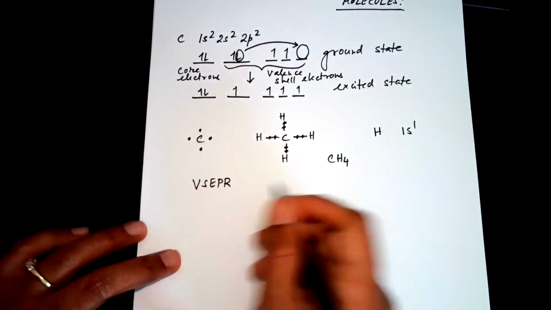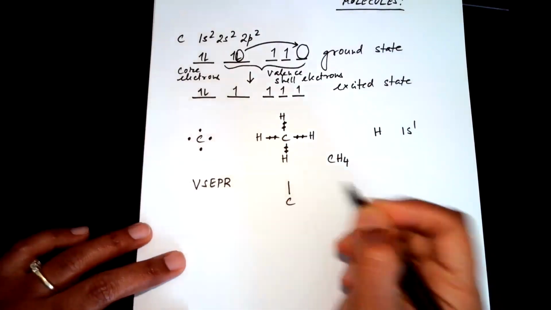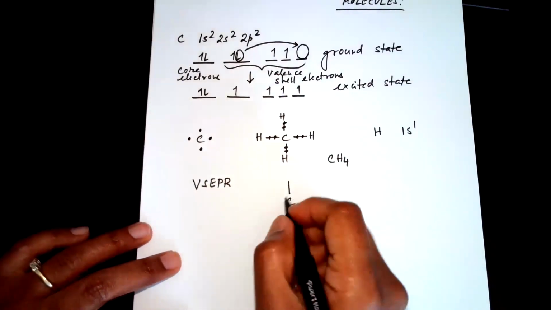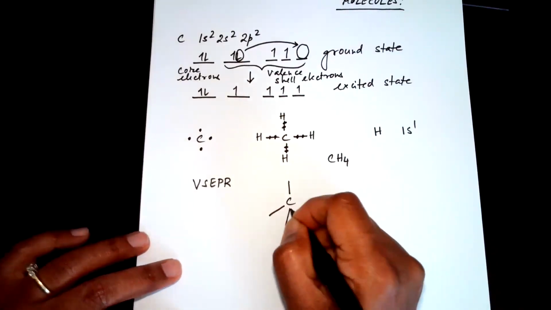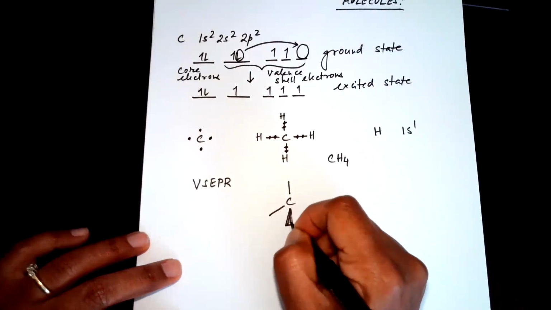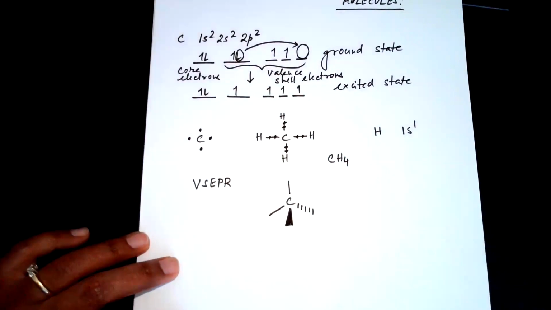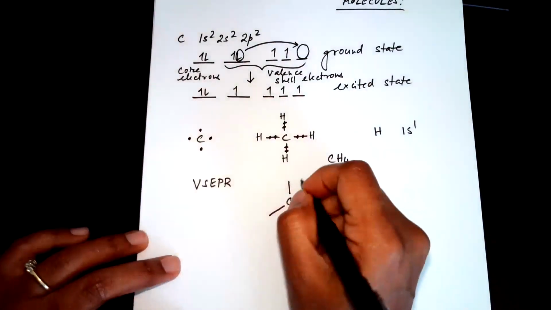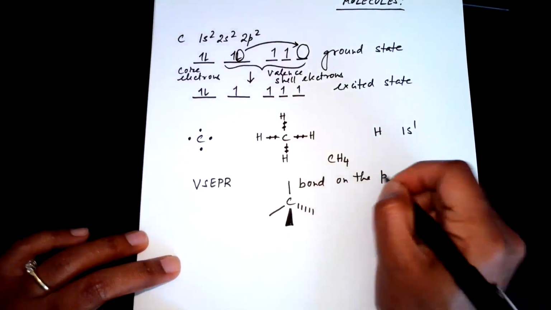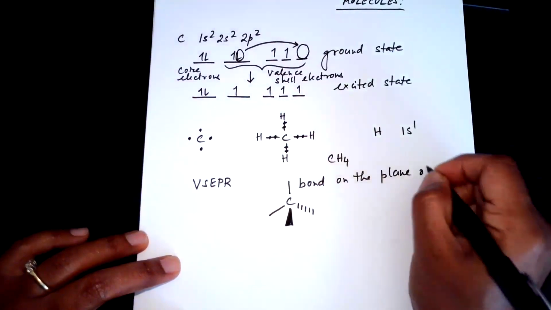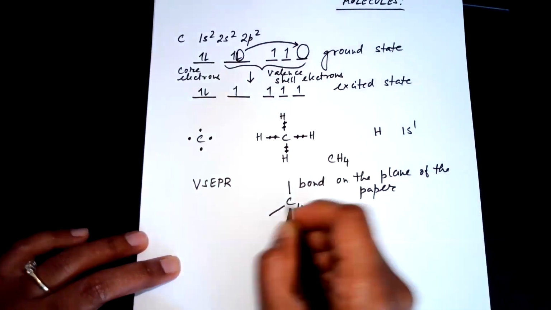The actual structure of this molecule is tetrahedral, which is 1 bond right there on the plane of the paper, another bond right here on the plane of the paper, one of these bonds coming towards you, which is said to be on the wedge, and then another bond on the dash. So this is a bond on the plane of the paper, both of these.